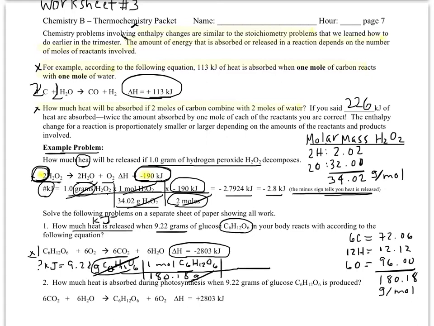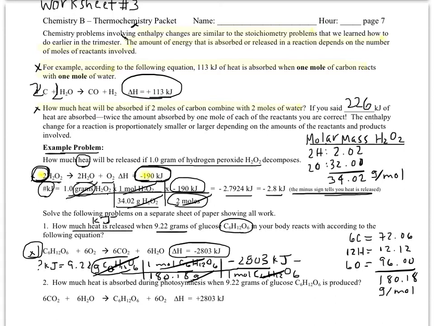And now in this equation, the coefficient is just 1, right? So that's why I'm going to put 1 mole of glucose down on the bottom, C6H12O6, and that produces the negative 2803 kilojoules. And cancel out moles.